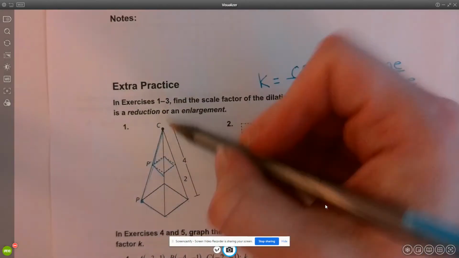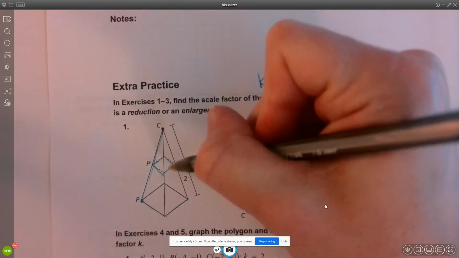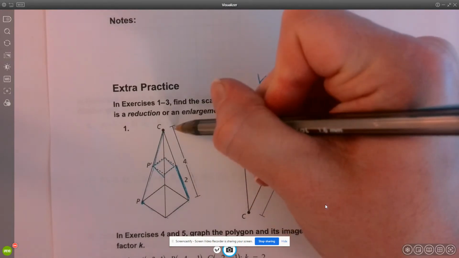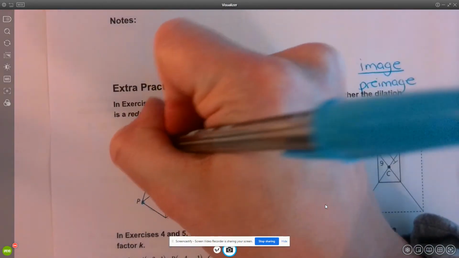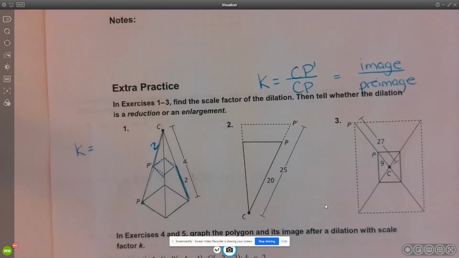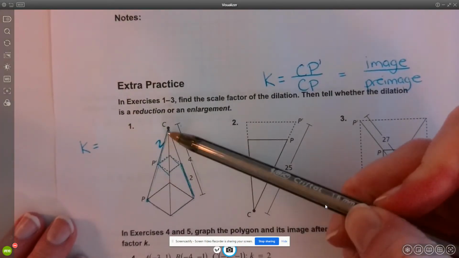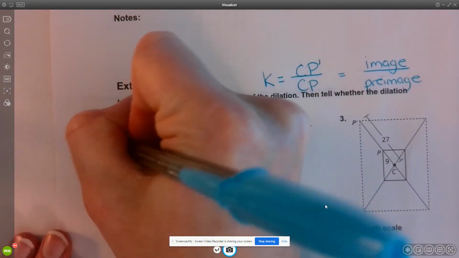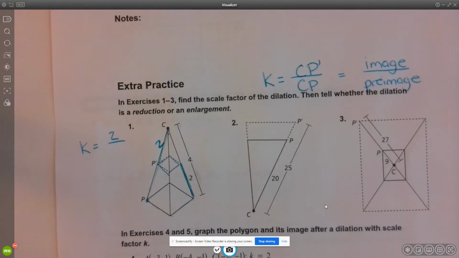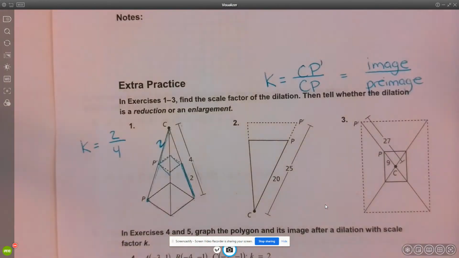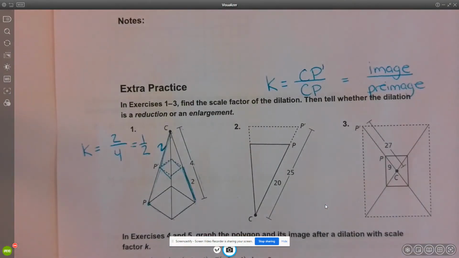And so that distance from C to P prime, notice this distance is 2. And if the whole distance is 4, if I subtract 4 minus 2, that tells me that this length is 2. So to find the scale factor, we're going to take this distance from C to the image point, which is 2, and divide it by the distance from C to the pre-image point, which is 4. 2 divided by 4 simplifies to 1/2. So my scale factor is 1/2.